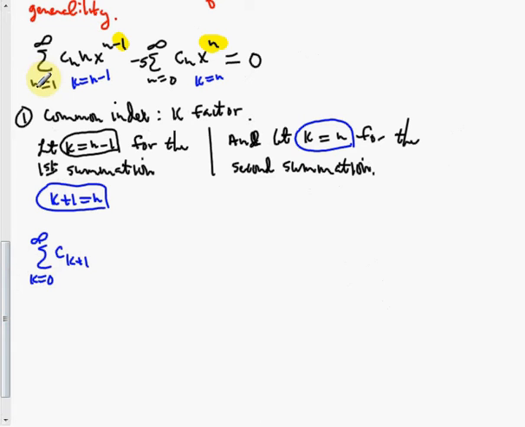Because n starts at 1. So if n is 1, then k is equal to 1 minus 1. So k starts at 0. And so we come back up here. This is times n, but n is k plus 1, times x to the n minus 1, but n minus 1 is k. So this is times x to the k.